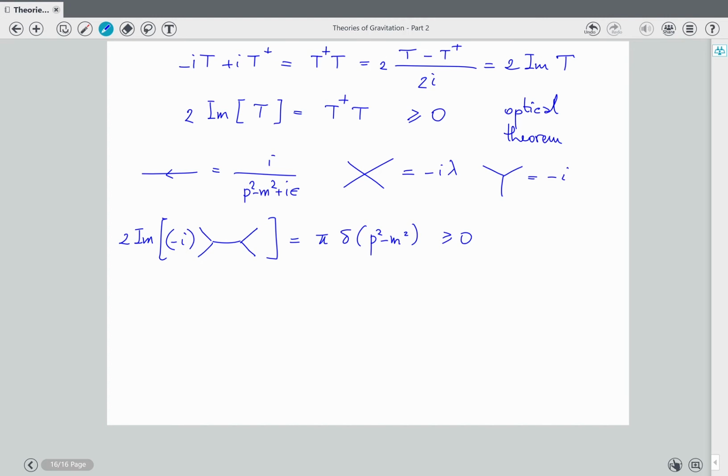If you remember, you have to consider an infinite set of terms, all the ones you can construct. That theory is unitary. So that could be a theory of quantum gravity.